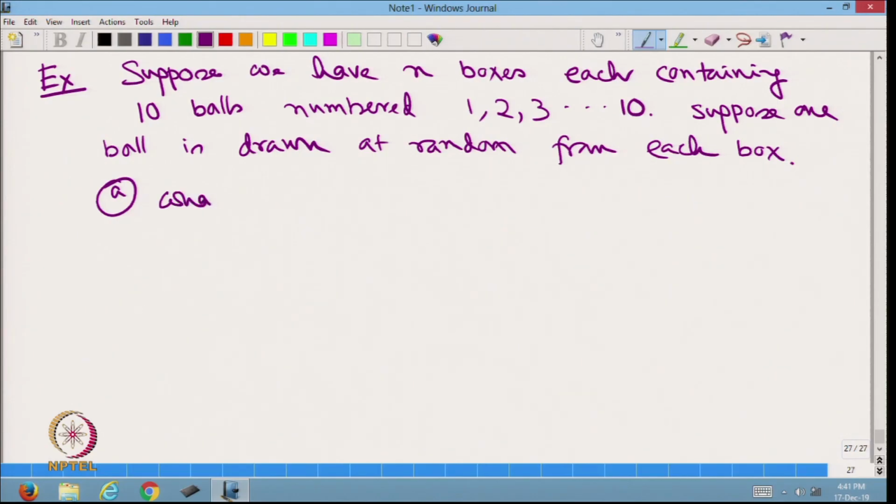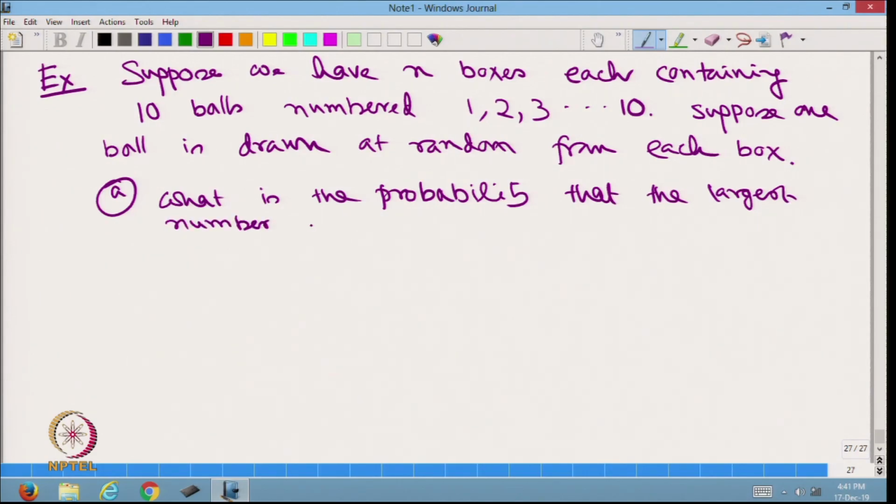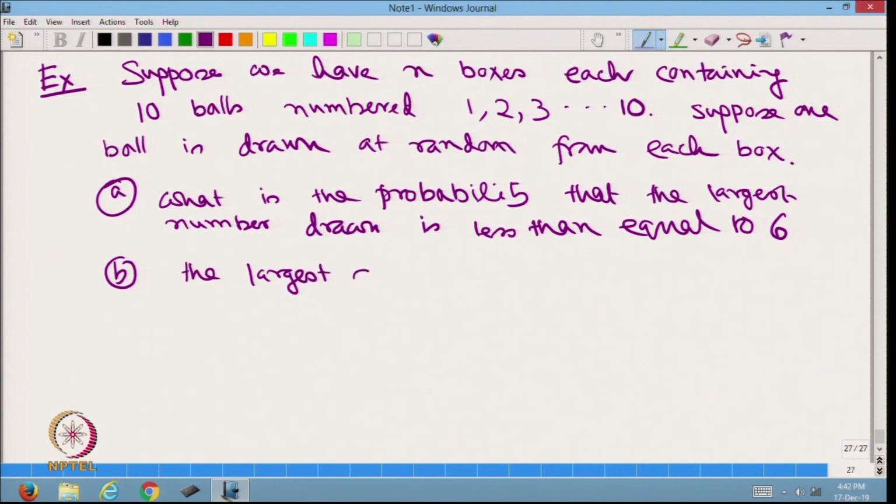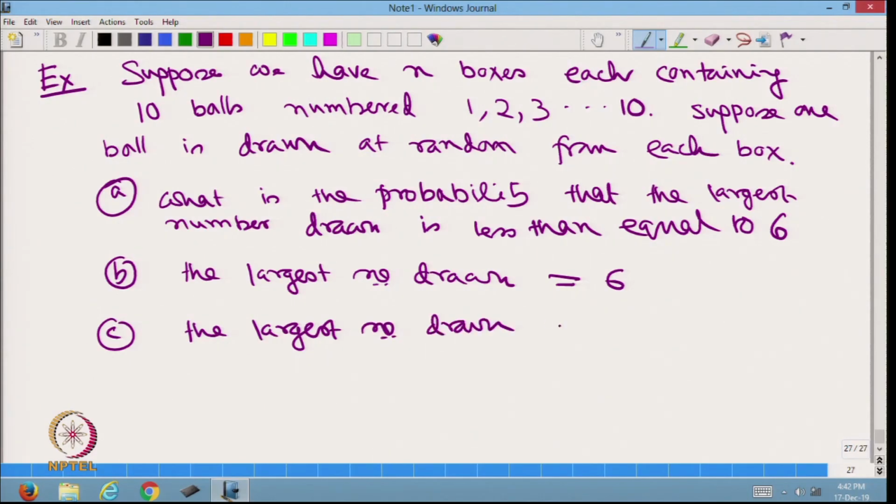What is the probability that (a) the largest number drawn is less than equal to 6, (b) the largest number drawn is equal to 6, and (c) the largest number drawn is greater than 6. So, these are three different events.